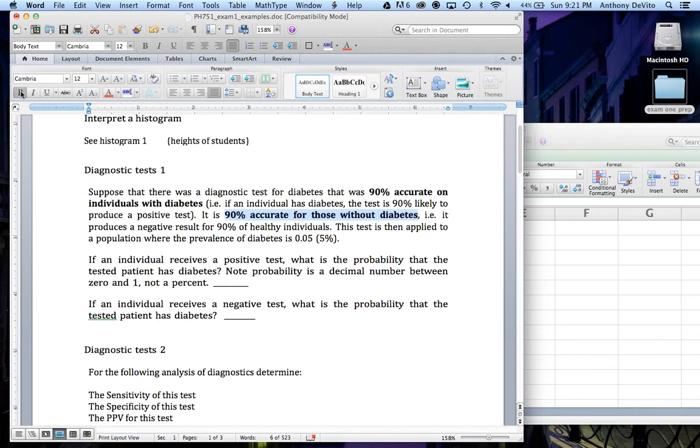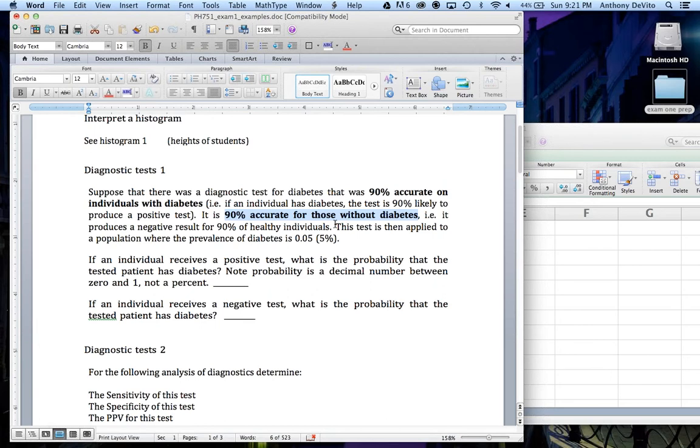In other words, that's how good it is at giving a negative test for people that don't have diabetes. That's the specificity. So a 90% sensitivity and a 90% specificity for this test. It produces a negative result for 90% of healthy individuals. In other words, they don't have diabetes.